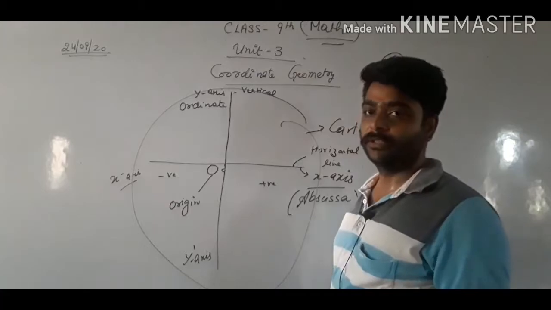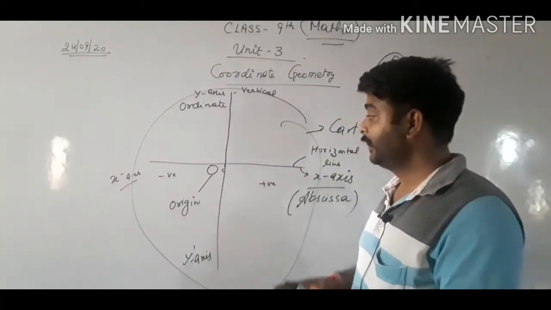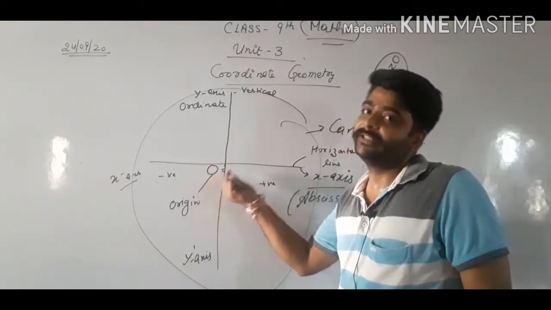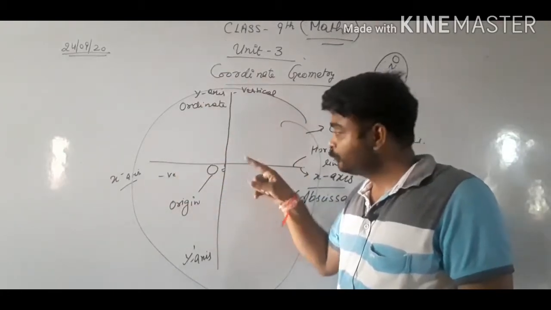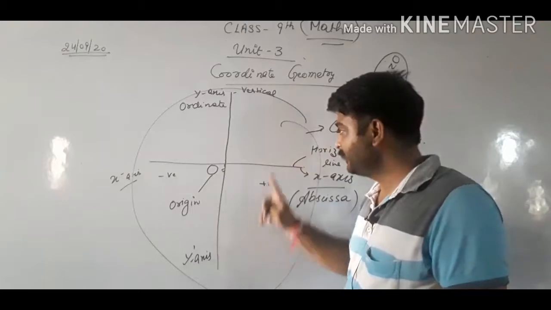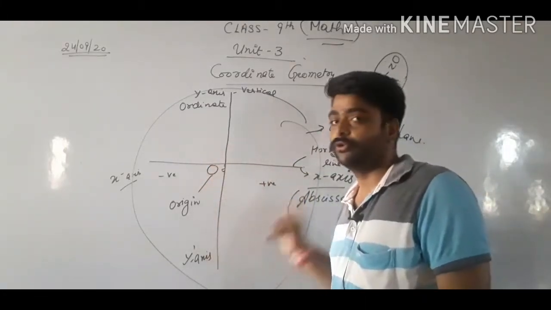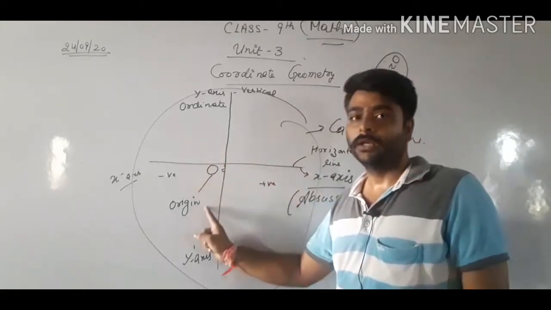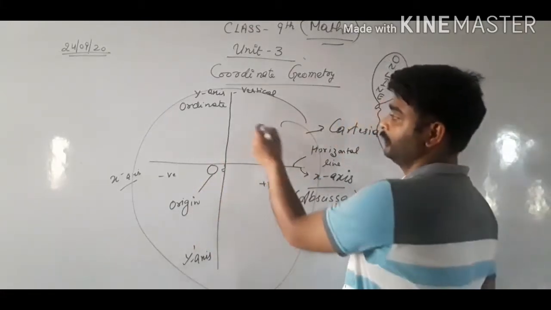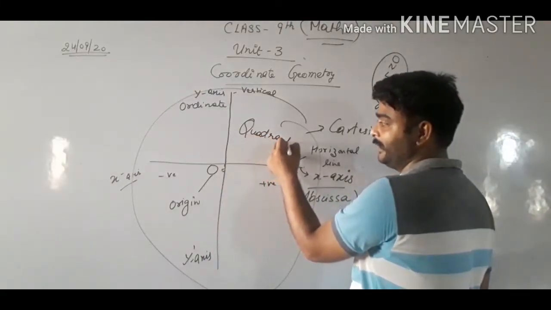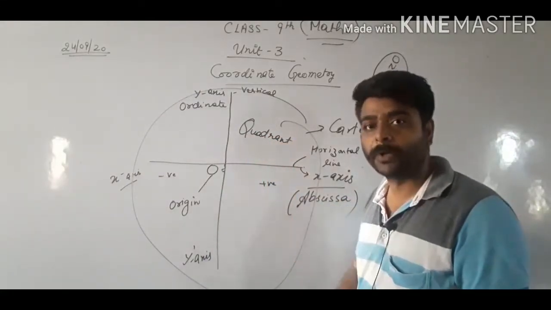Now class, if two lines intersect at a point O, then a plane is formed, and this plane is divided into 4 equal parts, that is 1, 2, 3, 4. Each part is known as a quadrant. Quadrant means one-fourth part.